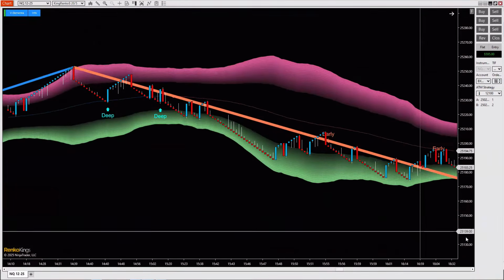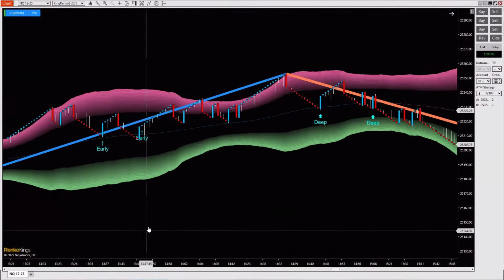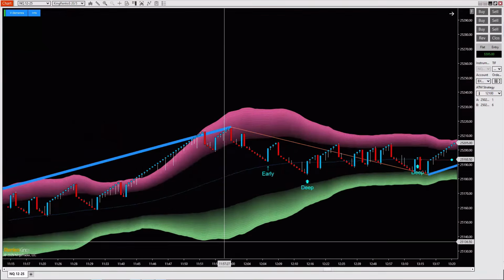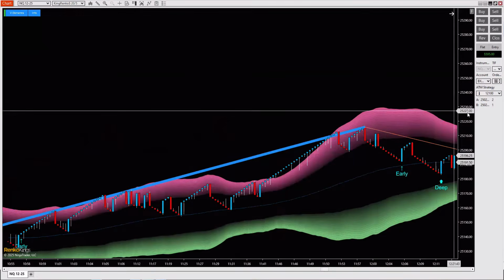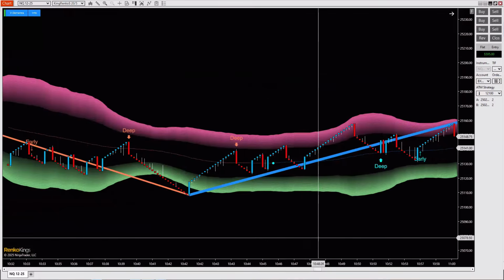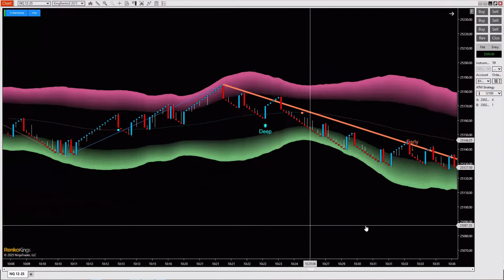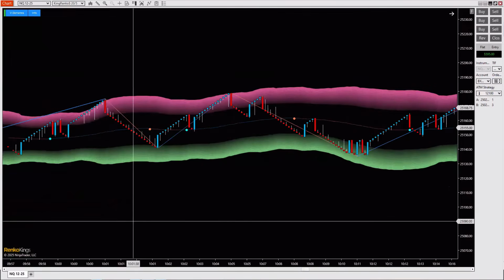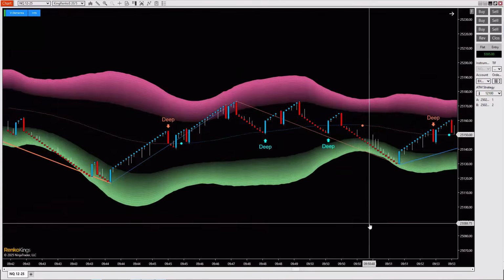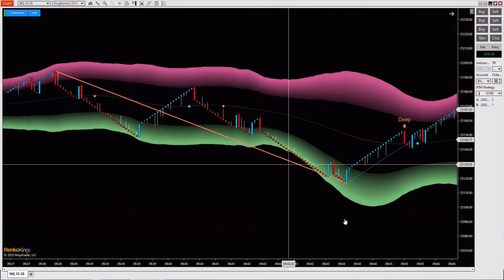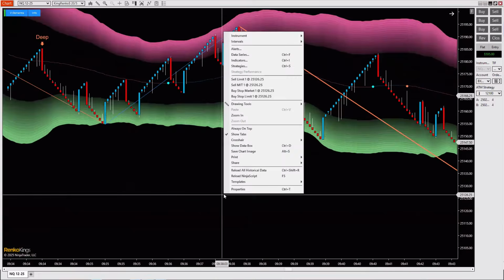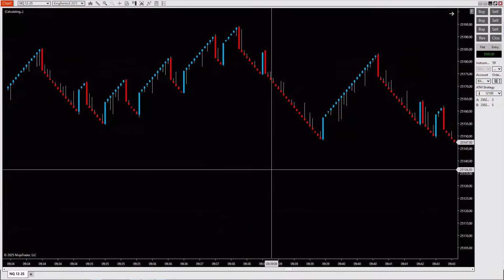Okay, hold on. I'll find it. These are just deep retracements, but not what I'm looking for. That's weird. Can't find the reversal ones.